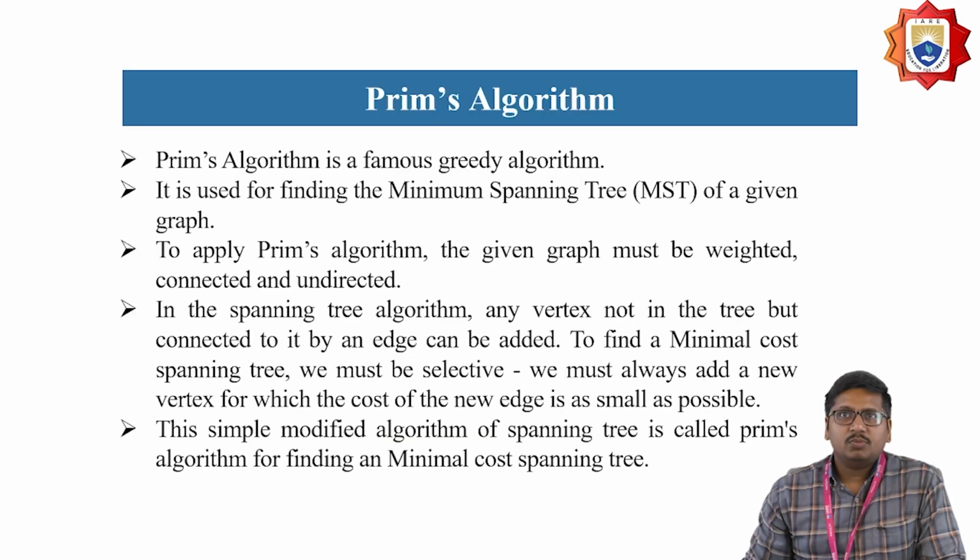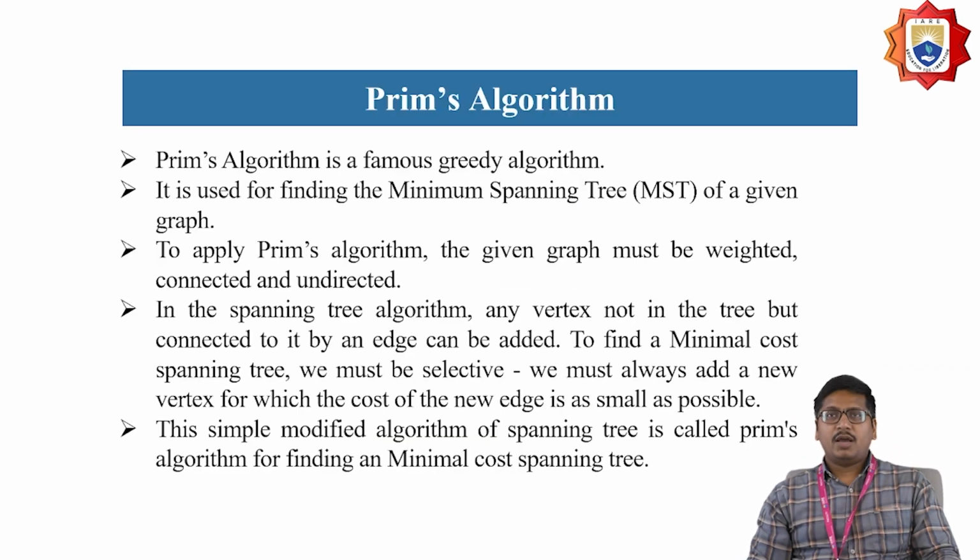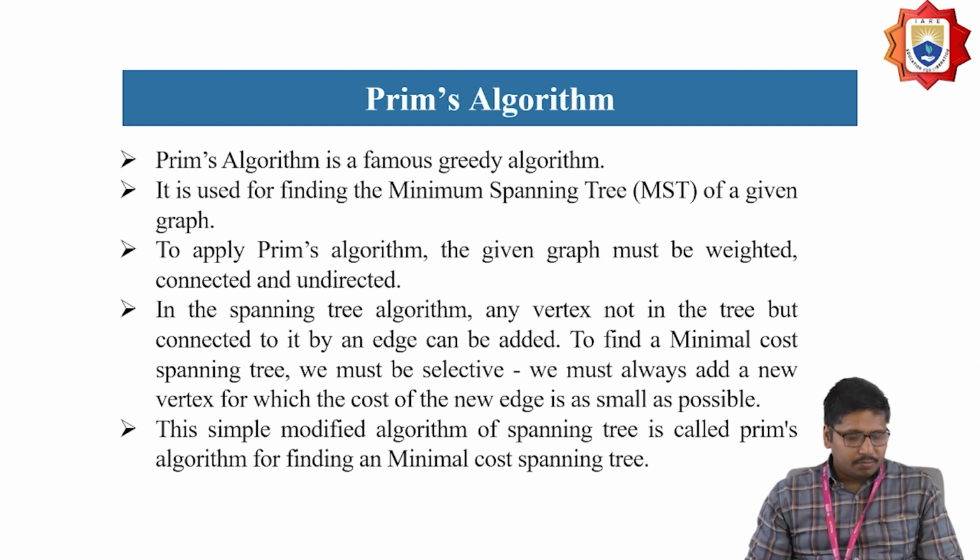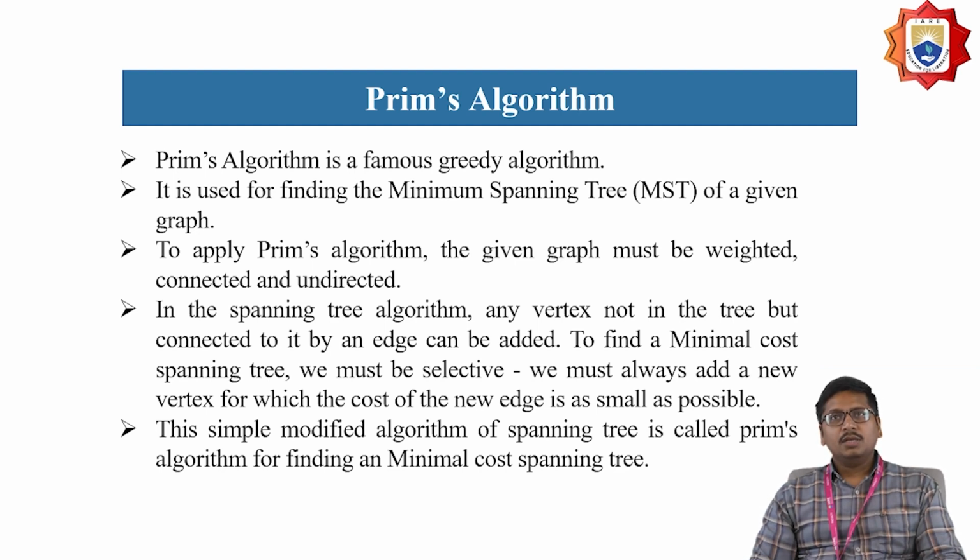Similarly, the next algorithm I'm going to discuss is Prim's algorithm. Prim's algorithm is a famous greedy algorithm, and it is used for finding the minimum spanning tree of the given graph. To apply Prim's algorithm, the given graph must be weighted, connected, and undirected.